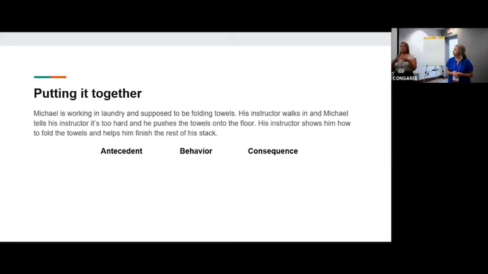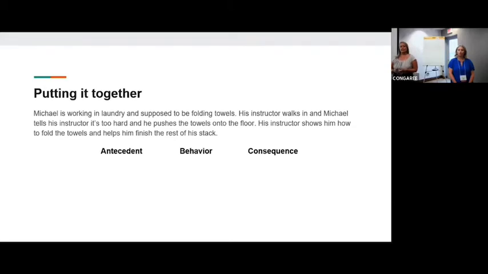Sometimes there might be multiple behaviors that happen together. And what's nice about that is that eventually down the road, if he just says it's too hard and he doesn't push the towels over, that's a little better. So when we have that really detailed data, we can see the future as well. So the behavior is pushing over the towels and saying it's too hard.